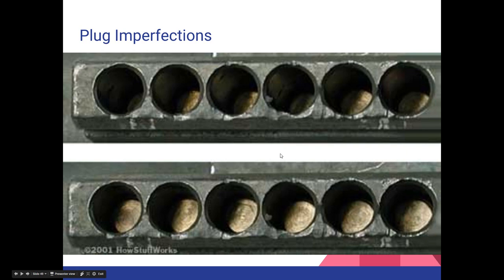And so this is actually the top of the shell. So you can see that the holes drilled in the shell also have some imperfections. This is the top of the shell though, and these are also present on the bottom of it.